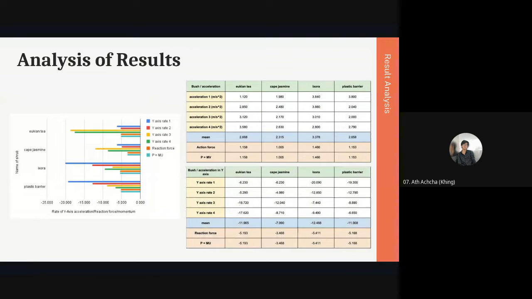So the second slide for the analysis of the result. This is the result that we conclude from the data from the sensor in the application. This graph represents the shrub with the car ratio.